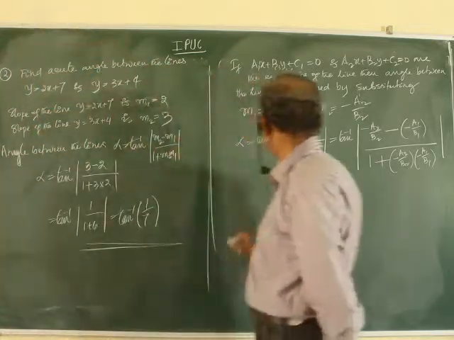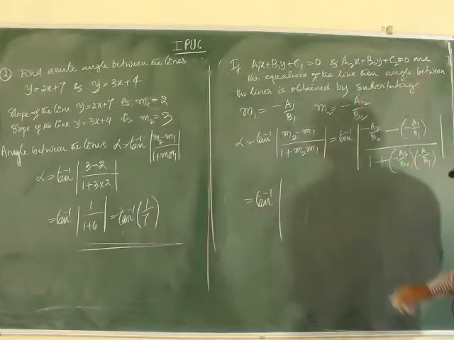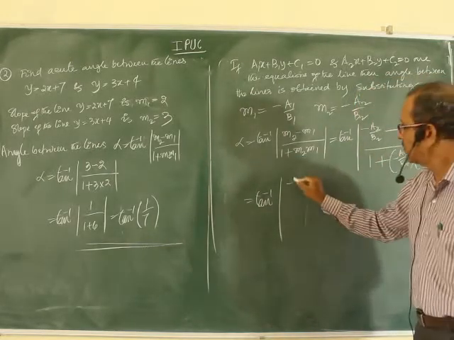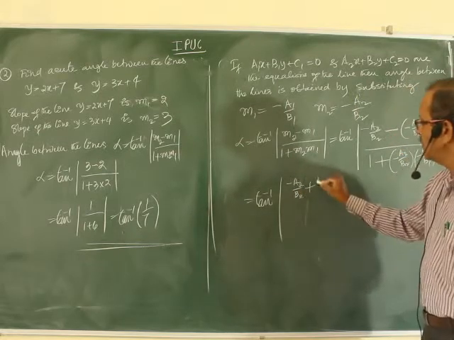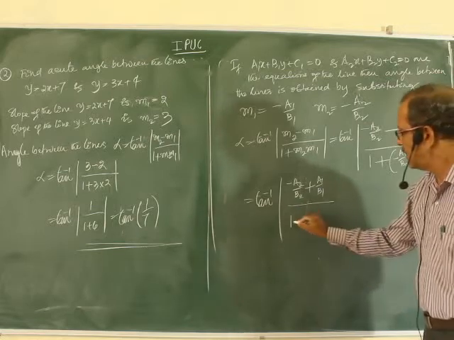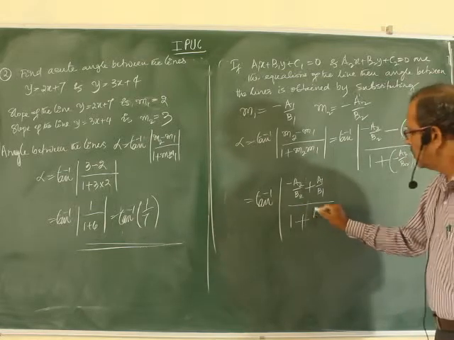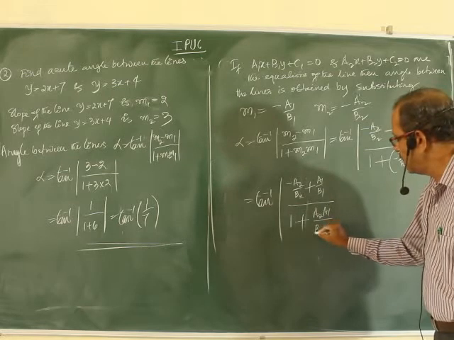Simplify. Equal to tan inverse of minus a2 by b2 plus a1 by b1 by 1 plus a2 a1 by b2 b1.